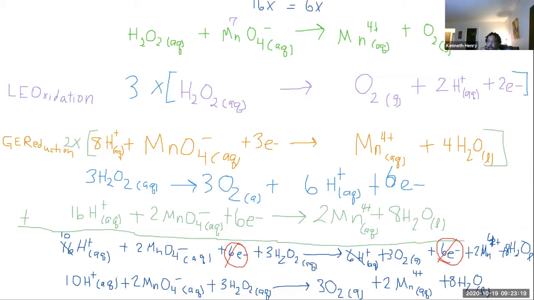Yeah, if this was Br minus over here and Br minus over here, and there were 6 of them and 7 over here, we just subtract, as long as they're exactly the same ion, right? Because these are both H plus. If they were different, like Br gas and Br minus, then we don't do that, only because they are exactly the same on both sides. Okay. So what is the last step?